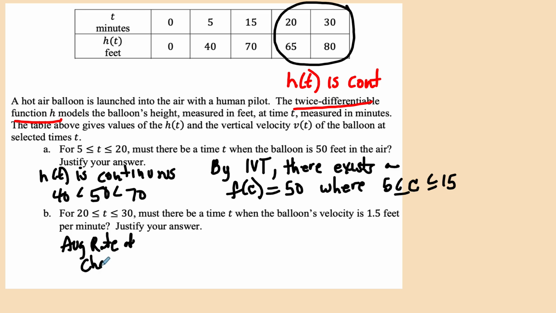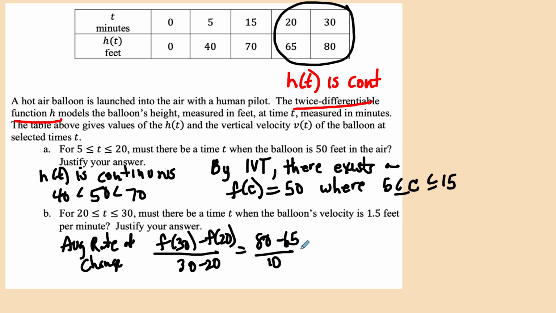That's going to be f of 30 minus f of 20, all divided by 30 minus 20. And so we have 80 minus 65 all over 10. This answer is going to be 1.5, and average rate of change is feet per minute.